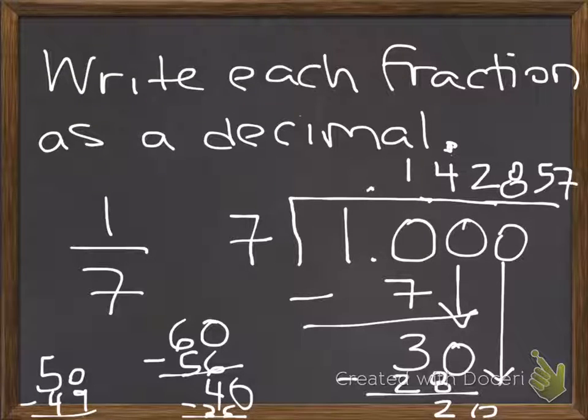And then I'm back to the beginning, 7 into 10. So 7 into 10 is going to continue to be a 1, and then we're going to continue to see this repeat. So all of these numbers will continue to repeat, so I need to put a line over top all of the repeating decimals.